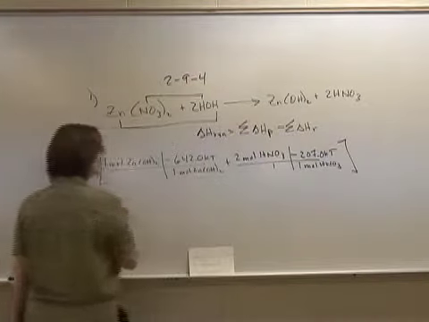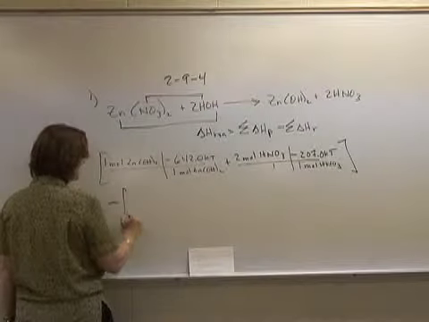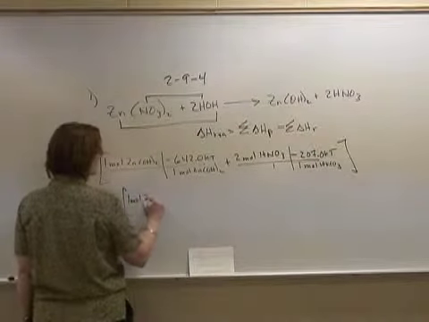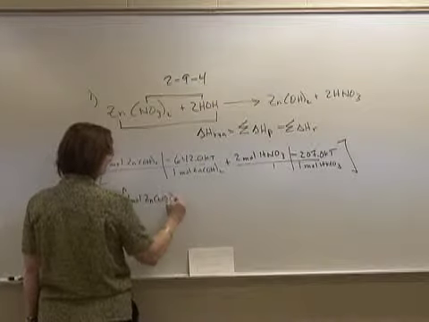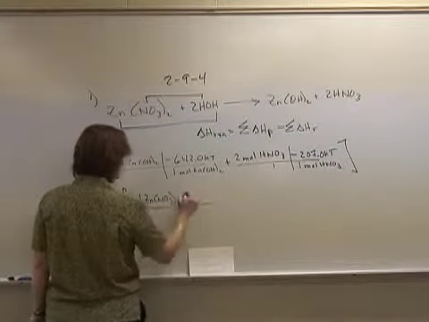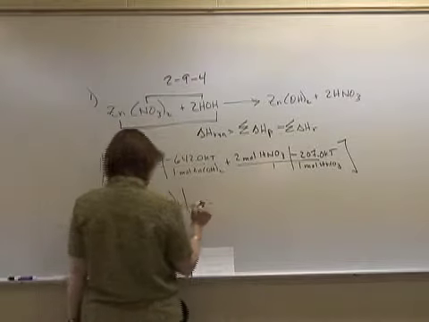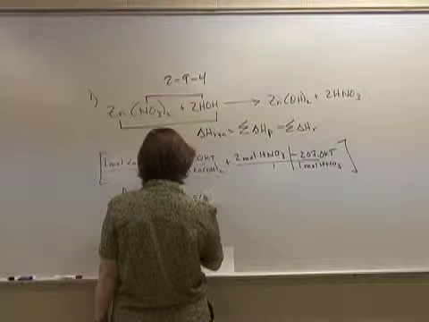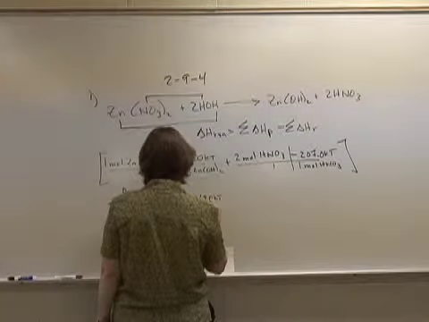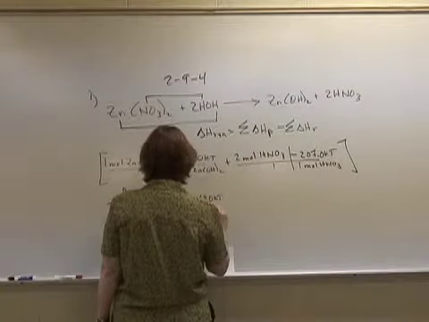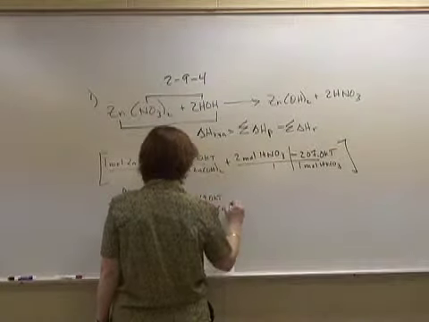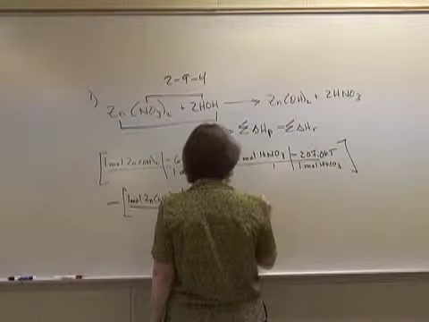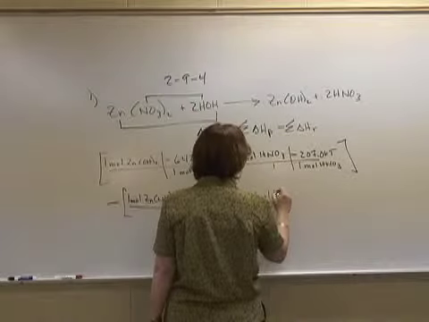And then I subtract the reactants, and I have 1 mole of zinc nitrate, and each mole of zinc nitrate is minus 569.0 kilojoules. Plus, I have 2 moles of water.